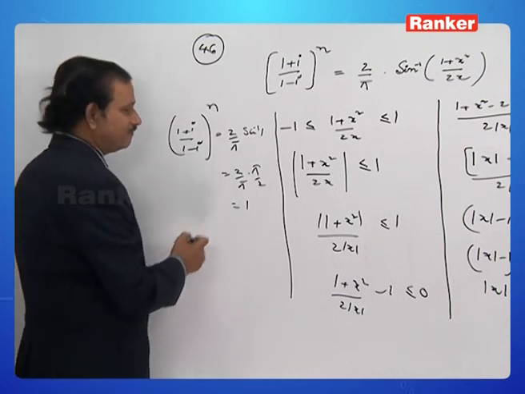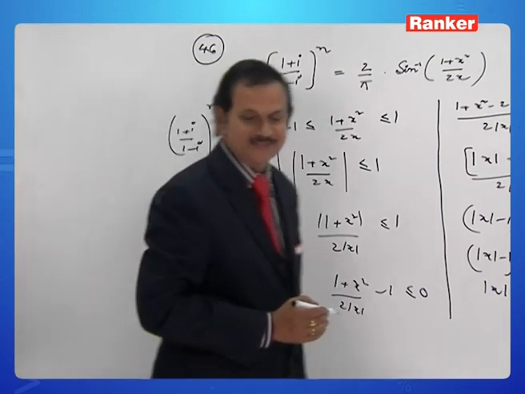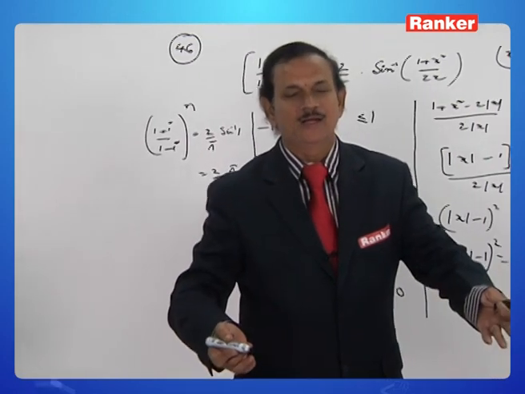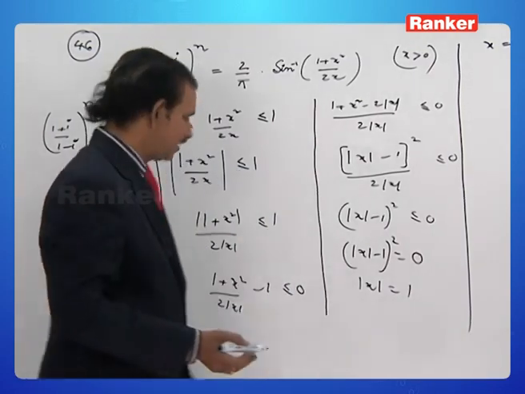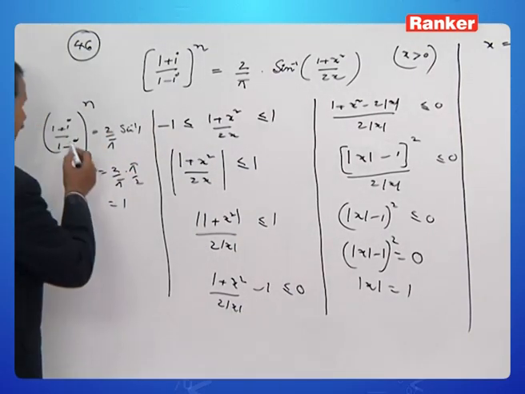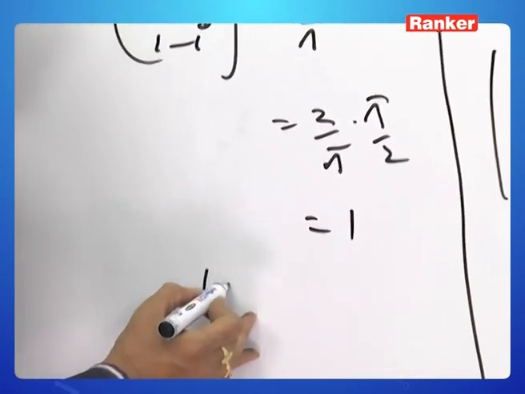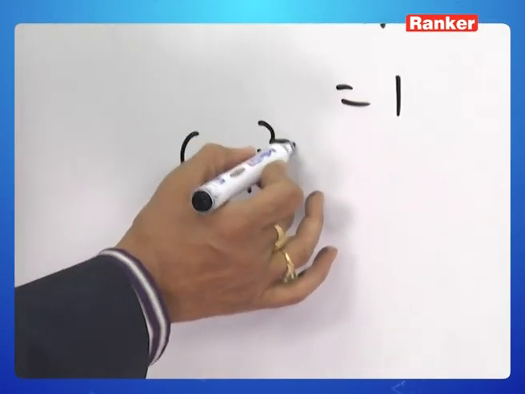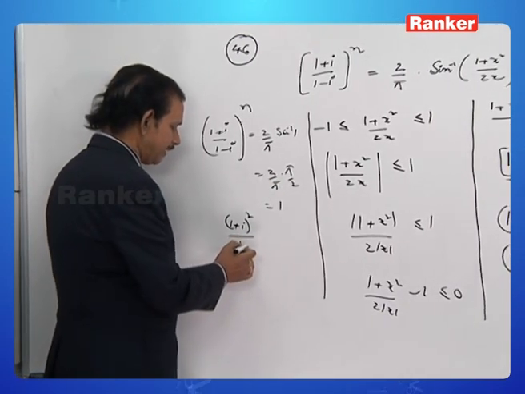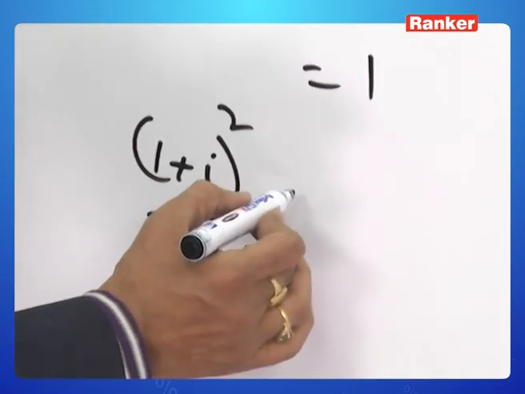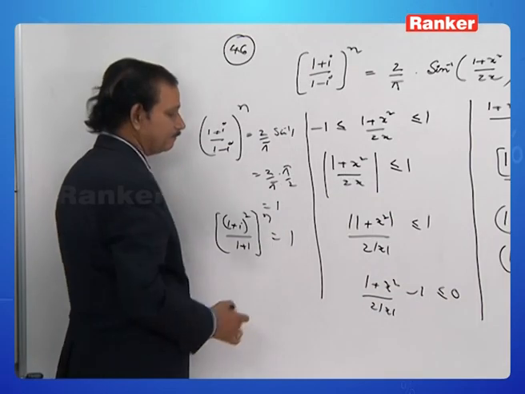Here, it is an important thing to observe that 1 plus i by 1 minus i is nothing but i. How can you believe that it is i? It's very simple. You multiply both numerator and denominator with 1 plus i. What happens? 1 plus i whole square by 1 minus i into 1 plus i, which is 1 square plus 1, whole to the power of n is equal to 1.